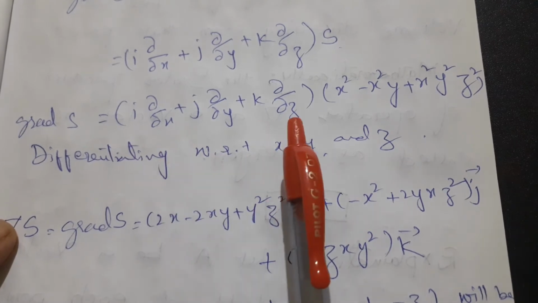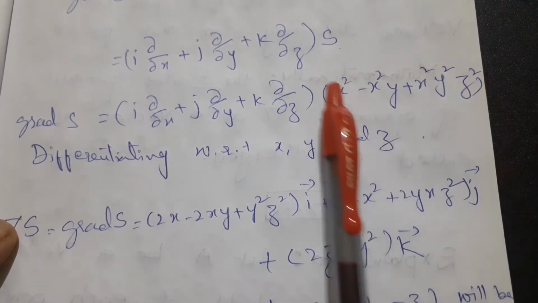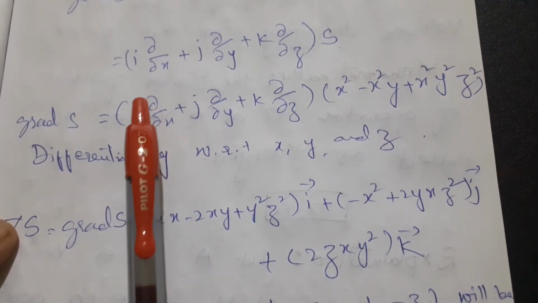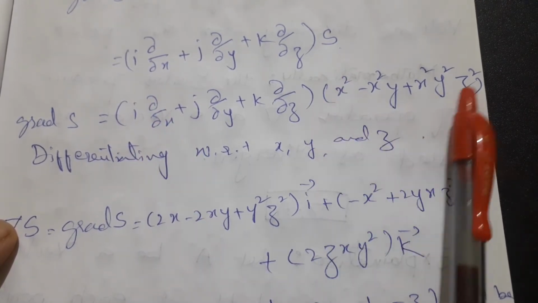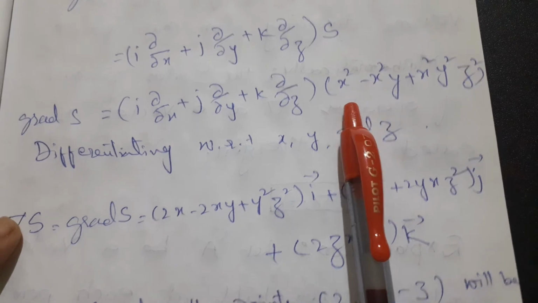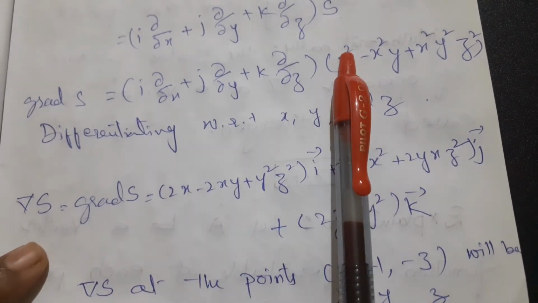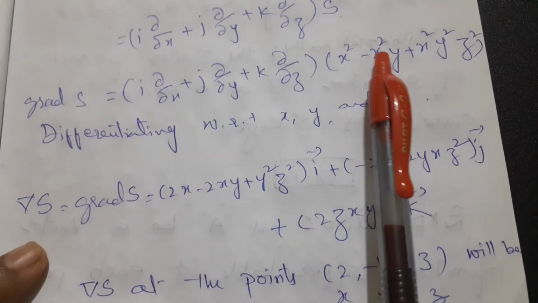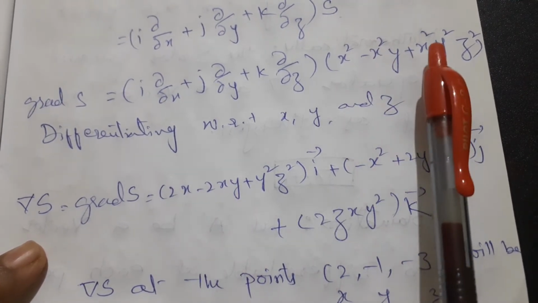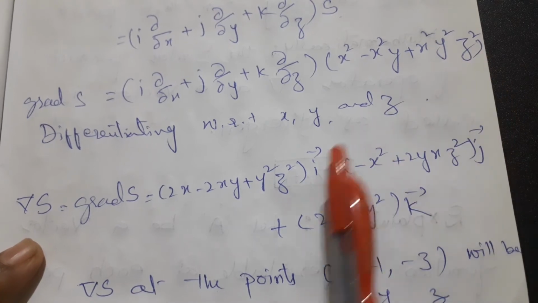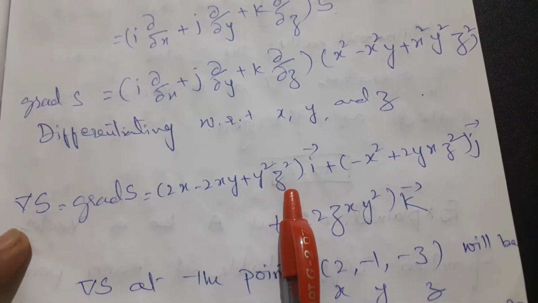First we differentiate this whole function with respect to x only, that is i dou by dou x of the whole function. Here x square gives 2x, x square y gives minus 2xy, and x square y square z square gives y square z square.